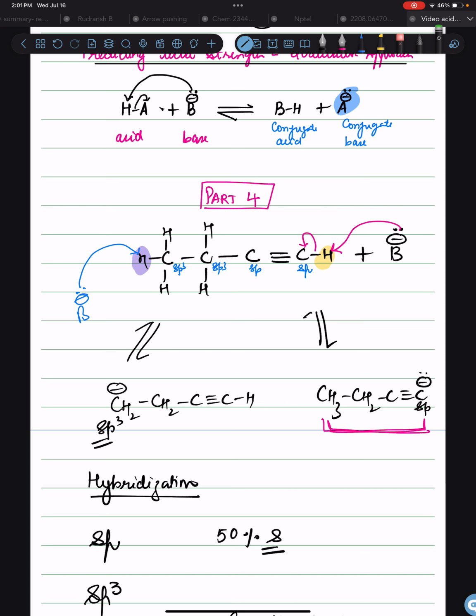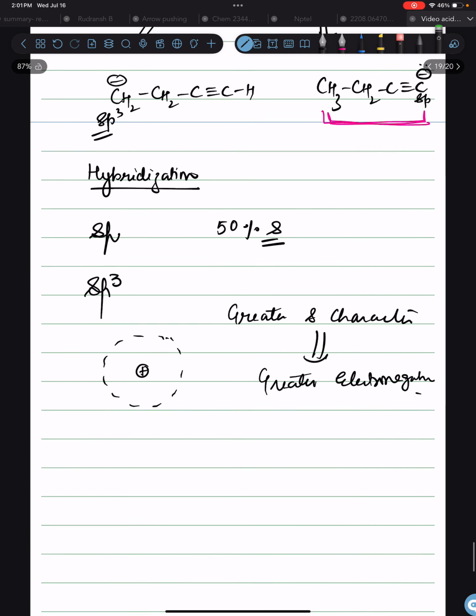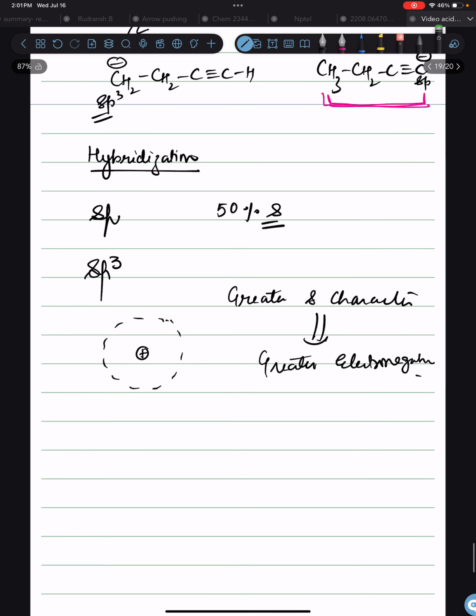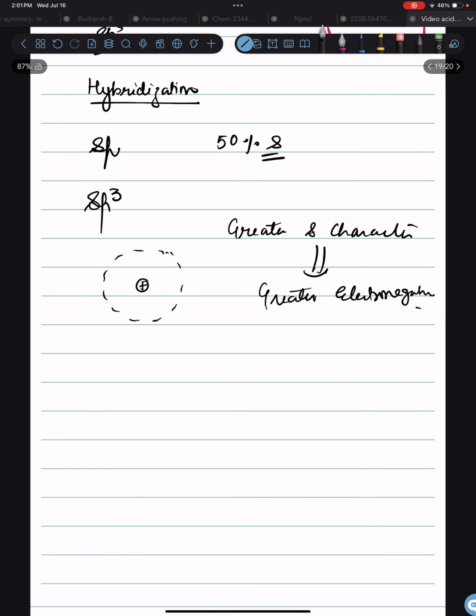So this is how the state of hybridization of the carbon or the species on which the negative charge is present can help us in predicting the stability of the conjugate base of an acid and thereby predicting the acid strength of two acids. Fine. On similar lines, we can compare, like if we have CH2 double bond CH2, and we have this, so ethene and ethyne, which of them would be more acidic if you add a base to them?